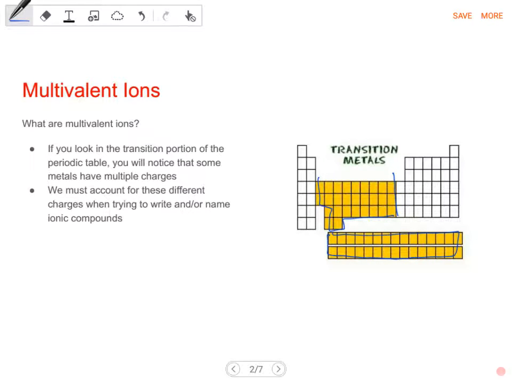You're looking at metals that have maybe 2 charges, and if you're wondering, well, which one do I take? We'll work through some examples, and they're very straightforward. But perhaps the biggest issue comes to naming, and if you don't name them properly, that's going to lead to a little bit of trouble. Anyway, we'll move on to some examples, and we'll go from there.